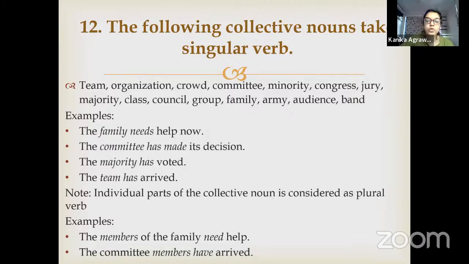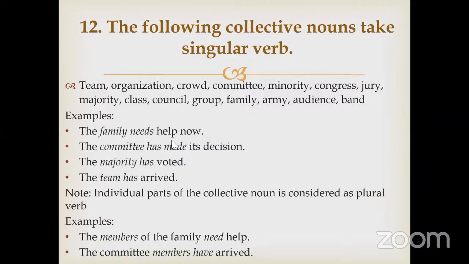Okay. So wherever there are collective nouns, we use a singular verb. These are the words which come under collective nouns. Whenever these words are used, you will use a singular verb. For example, the family needs help now. Needs is singular, right? The committee has made its decision. Has is singular. The majority has voted.